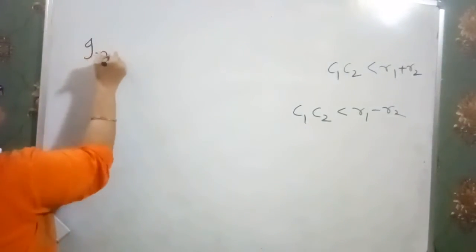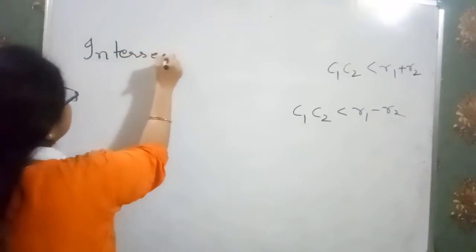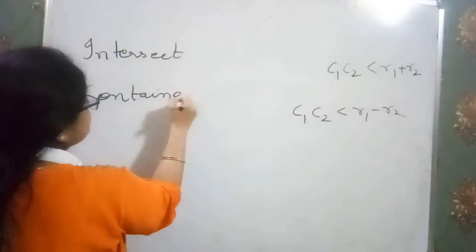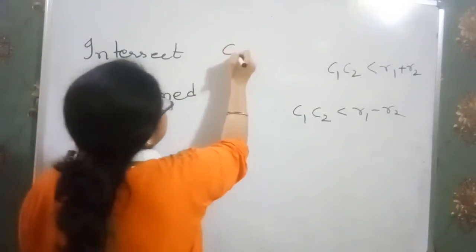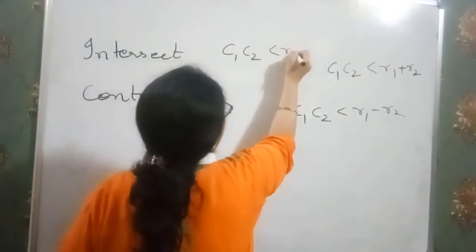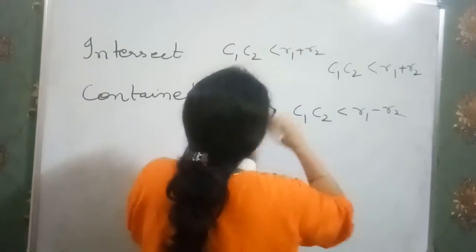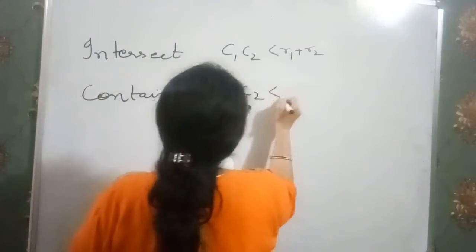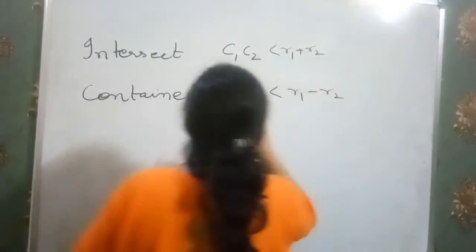When they intersect, C1C2 is less than R1 plus R2, and when one circle is contained in another, C1C2 is less than R1 minus R2.